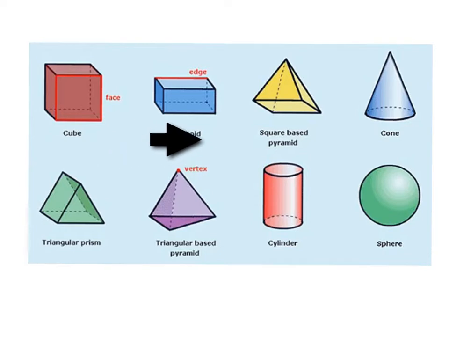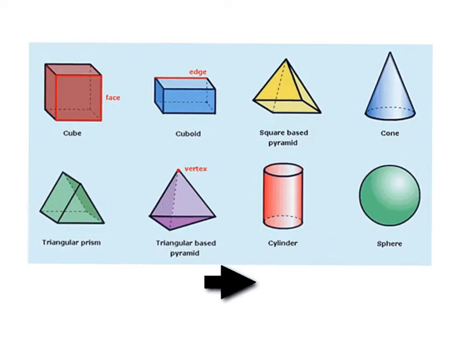Let's compare two shapes. Let's look at the sphere, and the other green shape over here, the triangular prism. The sphere, if you could name an object that looks like this, would be the shape of a ball, a tennis ball or a soccer ball. But the sphere is a round, solid shape, and a sphere has no edges, corners, or vertex.